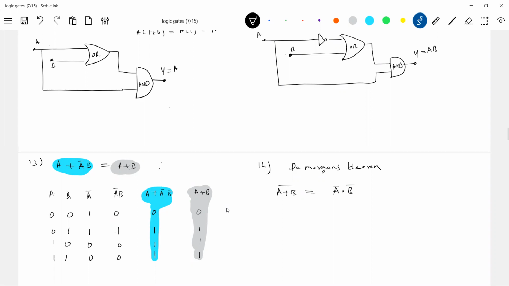The complement of sum is equal to the product of individual complements.